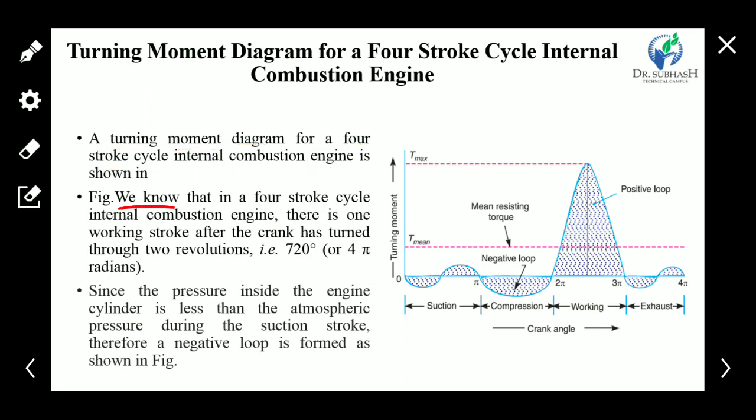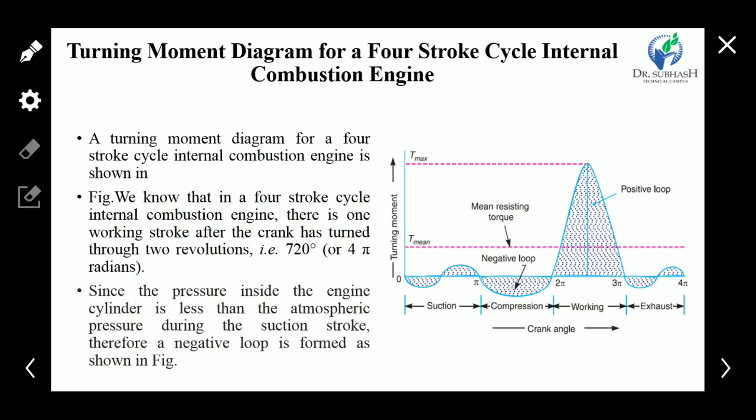We know that in a 4-stroke cycle internal combustion engine, there is one working stroke after the crank has turned through 2 revolutions, 720 degrees. So there is only one power stroke in which power is generated, and in the other 3 strokes no power is generated.